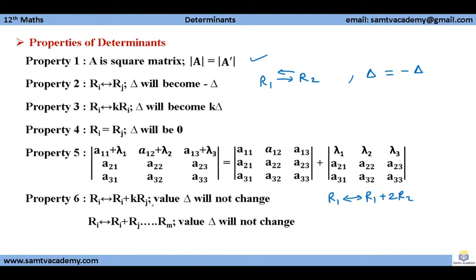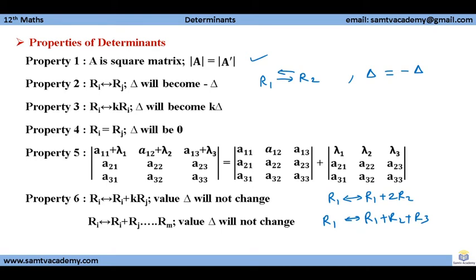This is also an expansion: whatever the order of the matrix, 2 by 2, 3 by 3 or 4 by 4, if you are adding all the rows and replacing Ri with it, then also the value of the determinant is not going to change. Suppose we have 3 rows and we replace R1 with R1 plus R2 plus R3, then also the value of the determinant is not going to change.